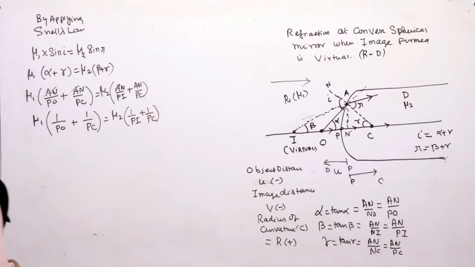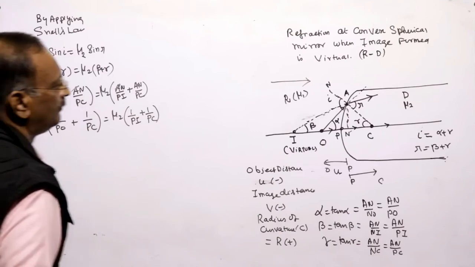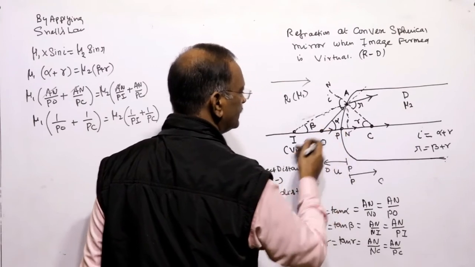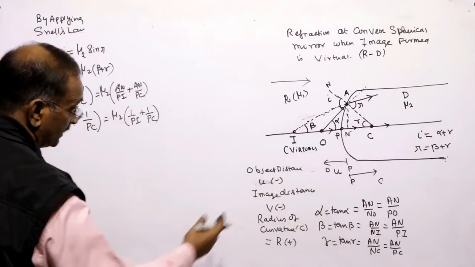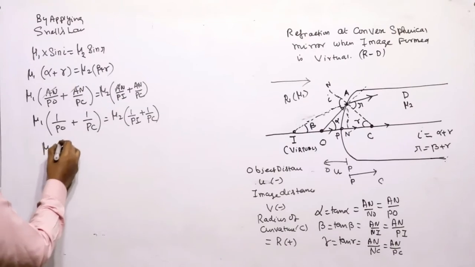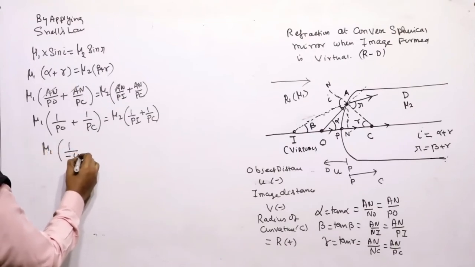What is PO? It is the object distance, minus u.